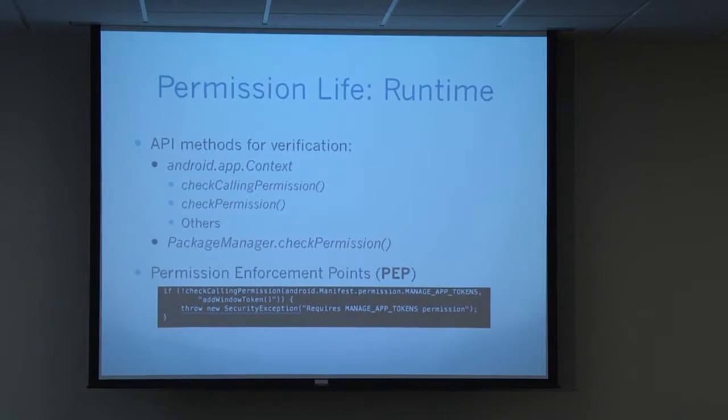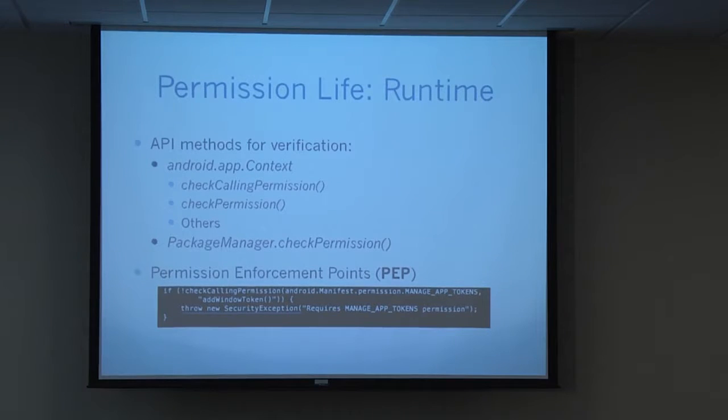Also, the package manager, as you might suspect, being the thing that deals with packages being installed, also provides such a method. This is check permission, you pass it a permission, you pass it a package name, it'll verify it. And all the locations throughout the API in which you actually do verification of permissions at runtime are what we call permission enforcement points.